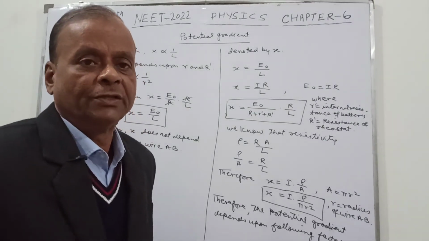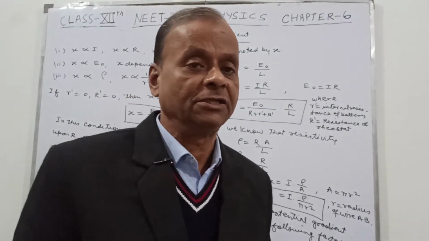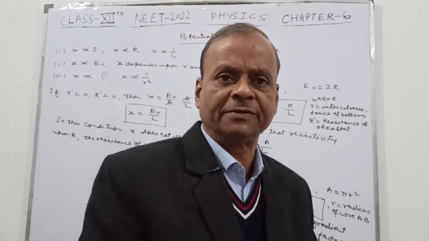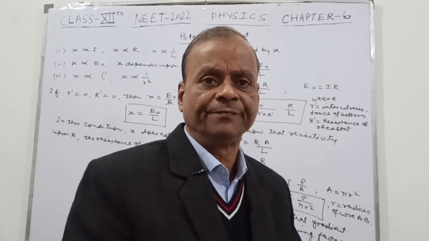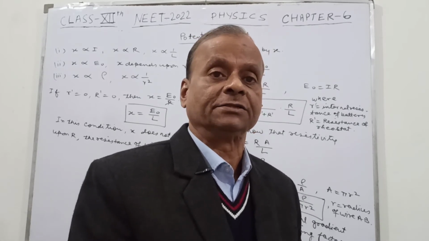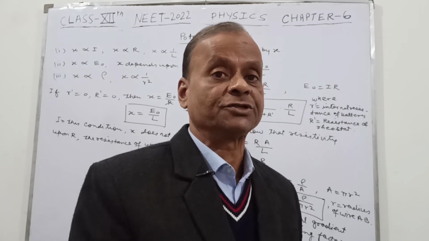So to minimize the potential gradient, maximum is the sensitivity. That is related with this sensitivity. So to have the minimum potential gradient, the length of the wire must be maximum.